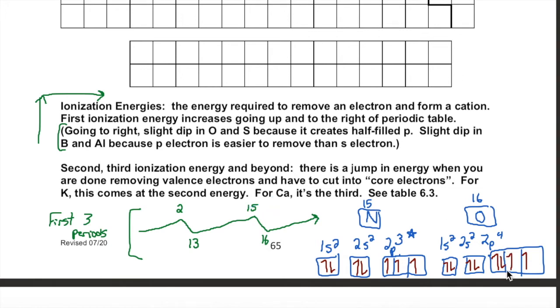Removing this electron from oxygen creates a 2p with 3 electrons in it. It creates this extra favorable half-filled p orbital. So removing this electron creates a favorable situation. On the other hand, for nitrogen, removing an electron disrupts a favorable situation. So it's tougher to remove that electron from nitrogen than from oxygen. That's why oxygen shows a slight decrease in the energy needed to take the electron away.